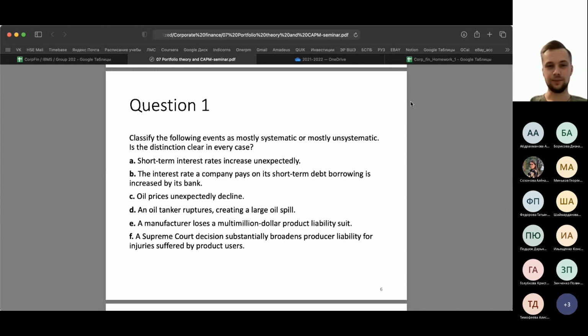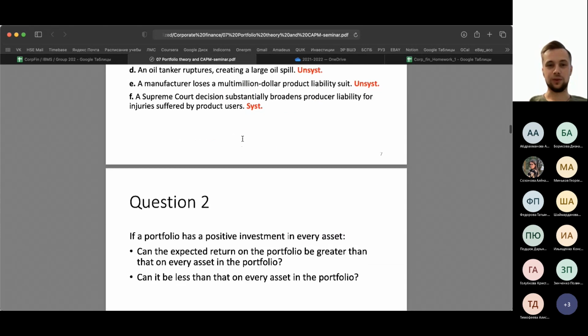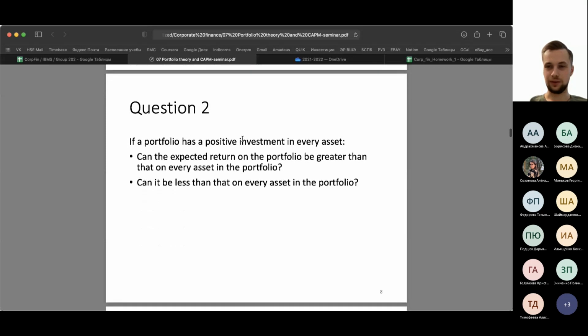Okay, I understand. Okay, well, the last question before we start our calculations. If a portfolio has a positive investment in every asset, can the expected return be greater or less than the return on every asset in the portfolio? Is it possible?